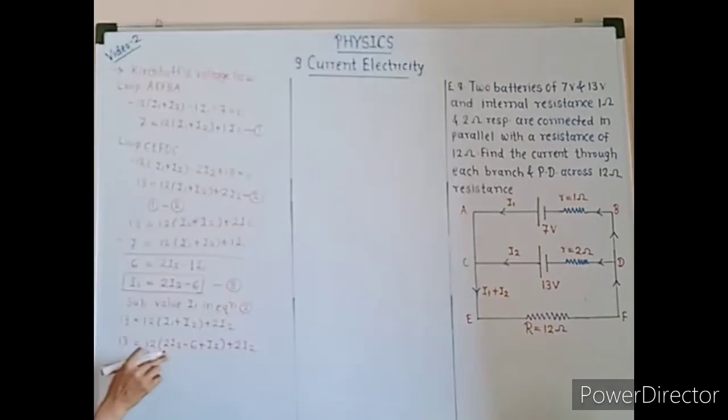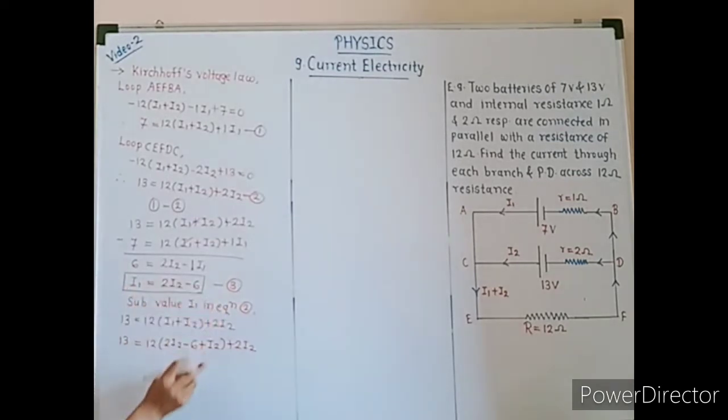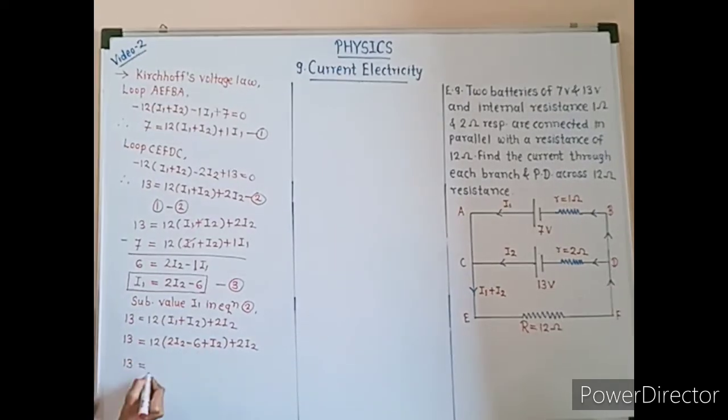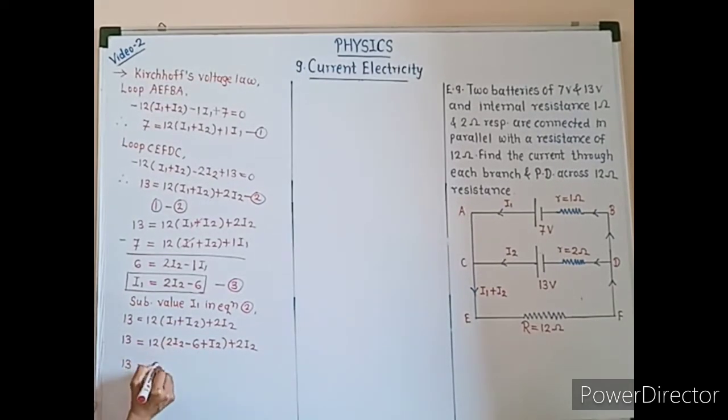Now multiply 12 into this whole bracket: 12 into 2I2 is 24 I2, 12 into 6 is minus 72, and 12 into I2 is plus 12 I2, and here plus 2 I2.